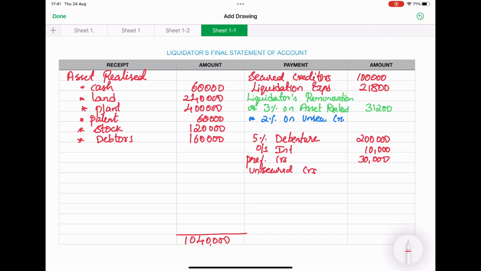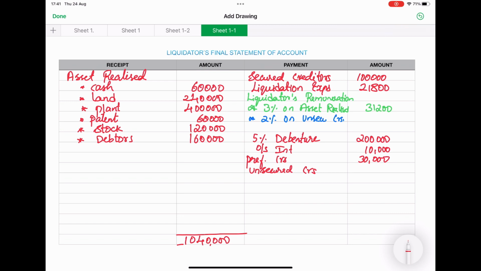So total asset realized is 10,40,000. See your credit side. So we are going to pay secured creditors 1,21,800, 31,800, 2,10,000 and 30,000. So our receipt is more and payment is very less.